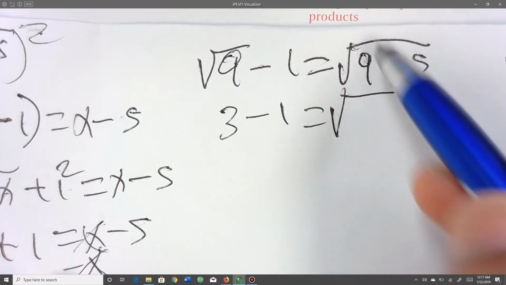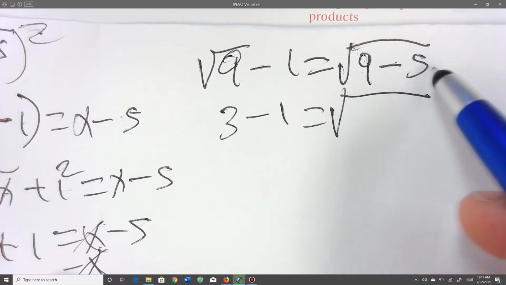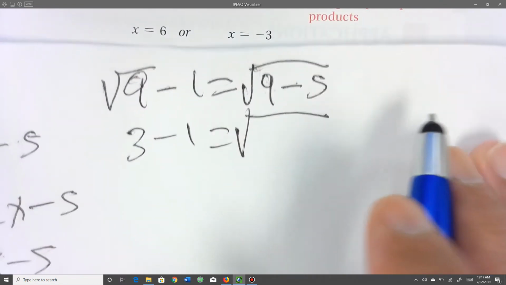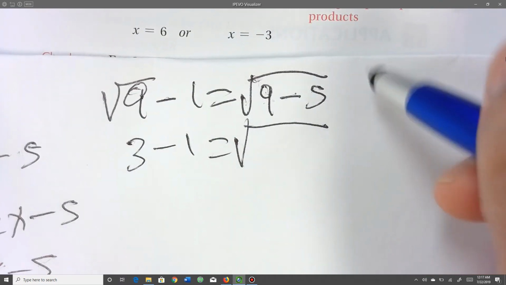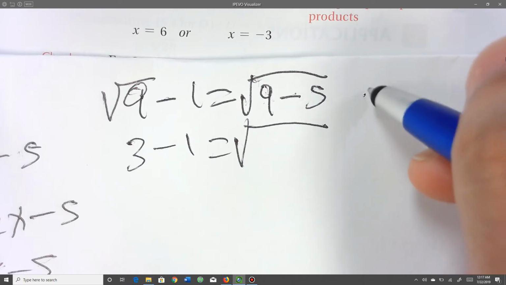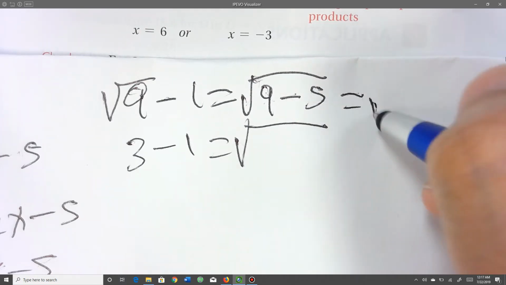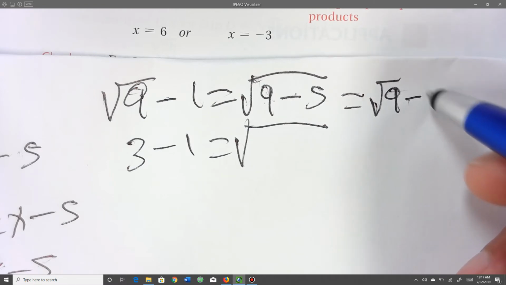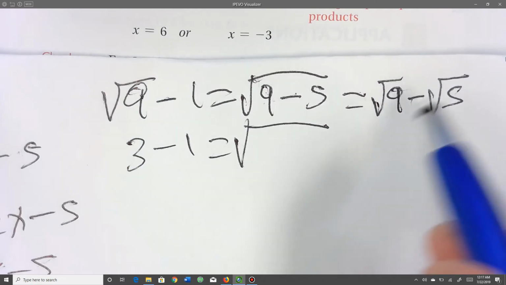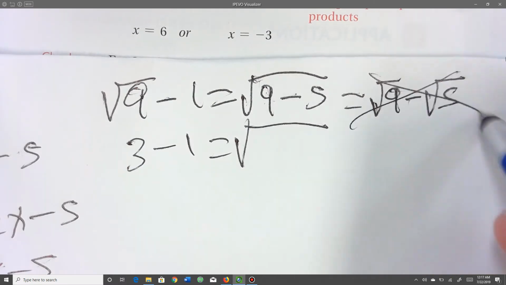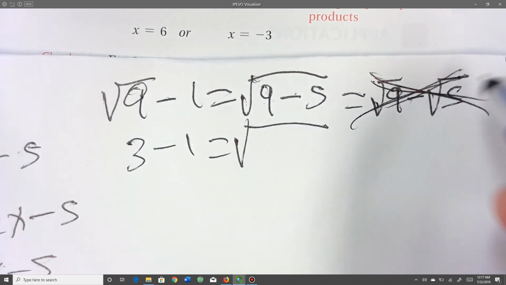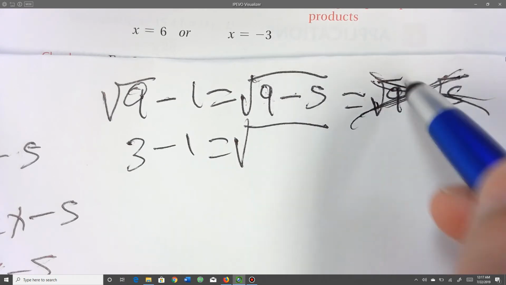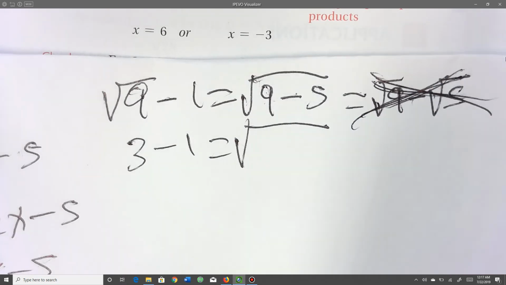So in this case, you have an addition here, so go ahead and subtract first. Do not, by any means, do not go like this. It is not the same thing as square root of 9 minus square root of 5. No, that would be wrong. This doesn't work the same as multiplication and division.